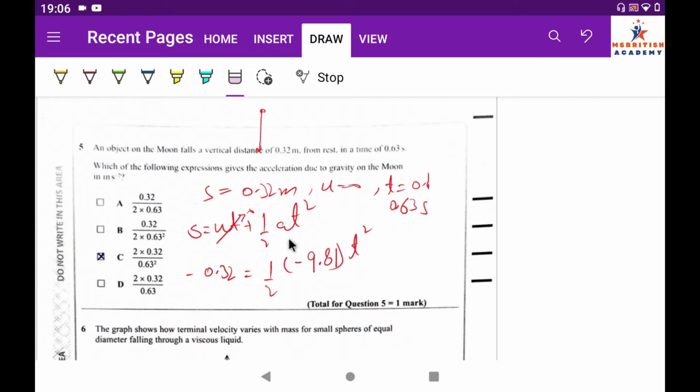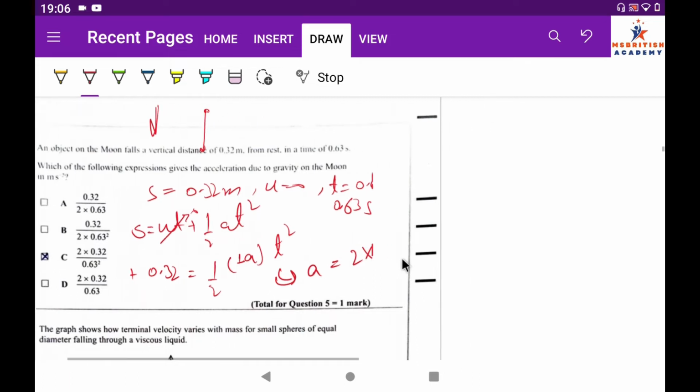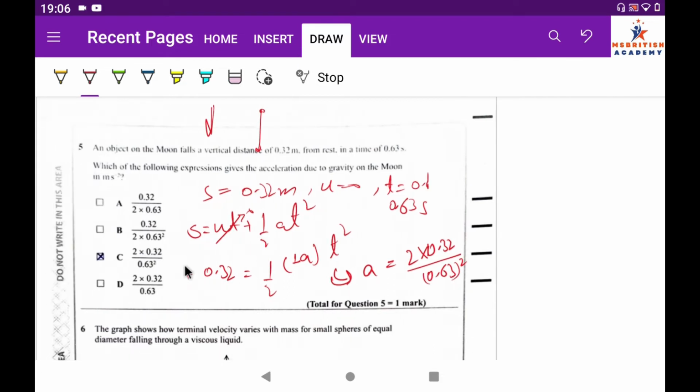But actually we need to calculate this a. So we will remove this, but the direction is downward, so we will take it negative, and t square. So this negative and this negative get cancelled, and our a will be 2 times 0.32 upon 0.63 whole square. So from here C is the right answer.